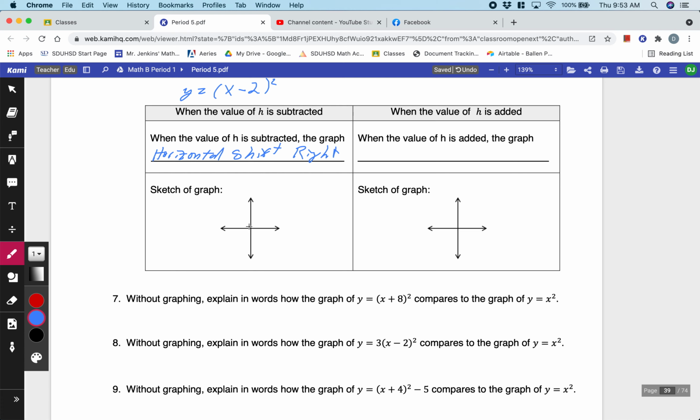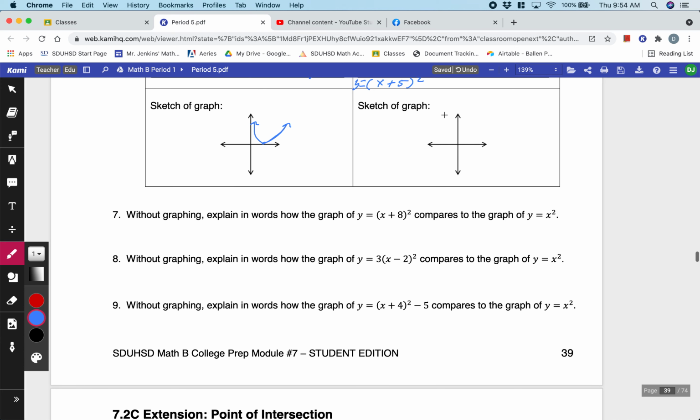So when it's subtracting, it would go to the right a certain amount of units. And the last one, when the h value is being added, for instance, y equals x plus 5 squared, this would be a horizontal shift to the left.